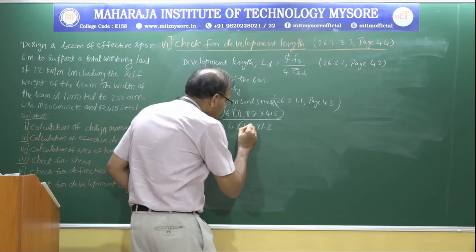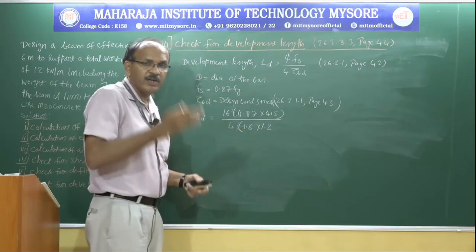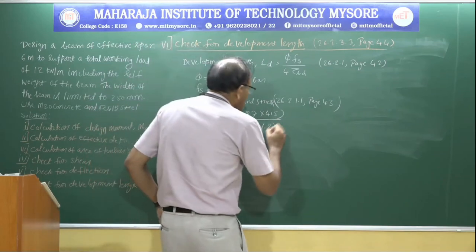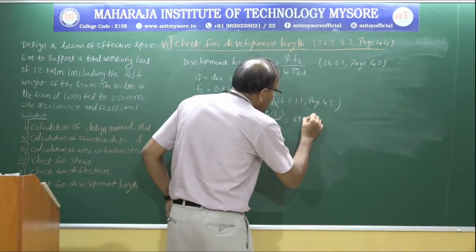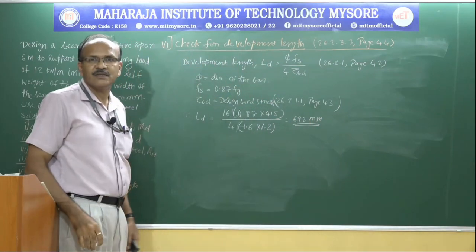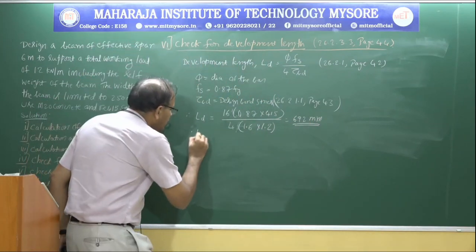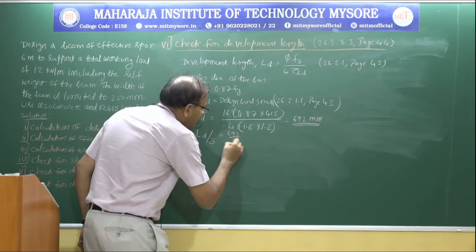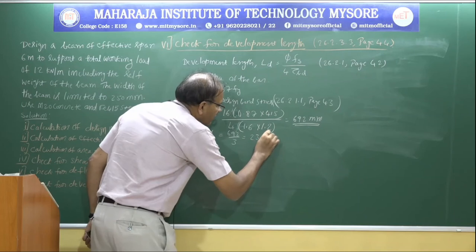Because ours is a deformed bar, we are increasing this value by 60%. So 692 millimeter is the development length. Therefore, LD by 3 equal to 692 by 3, that is equal to 231 millimeter.